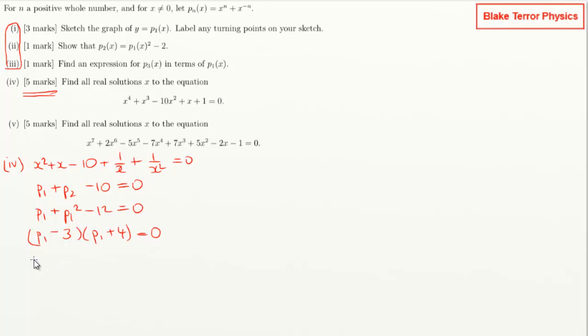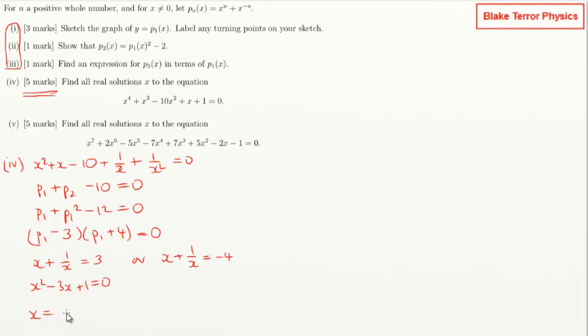So that gives us x plus 1 over x equals 3, or x plus 1 over x equals minus 4. Multiply everything by x, so we get x squared minus 3x plus 1 is 0.